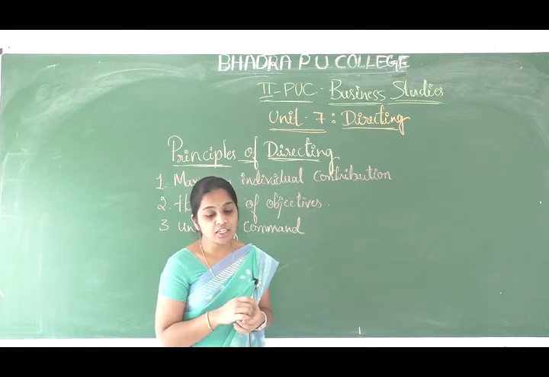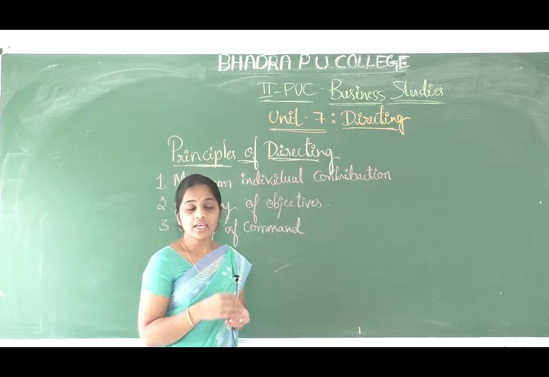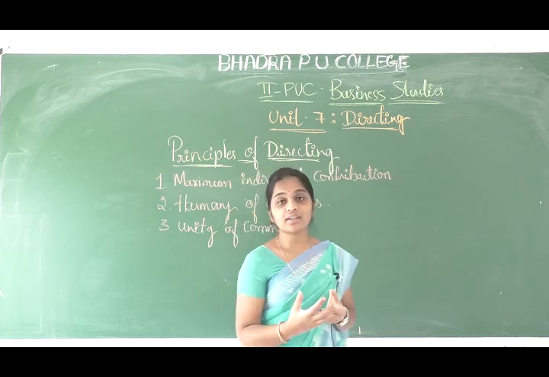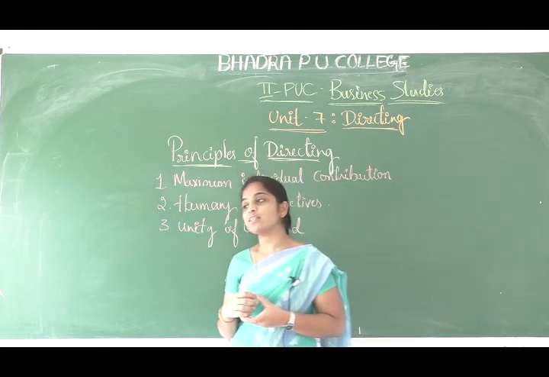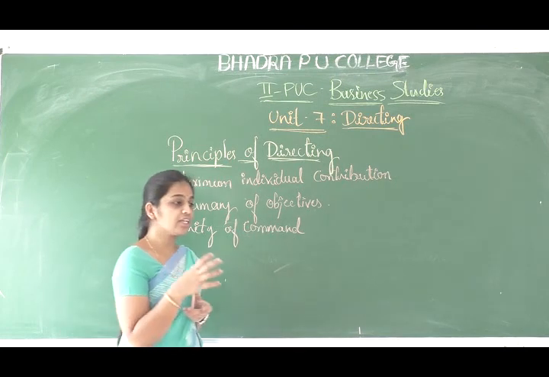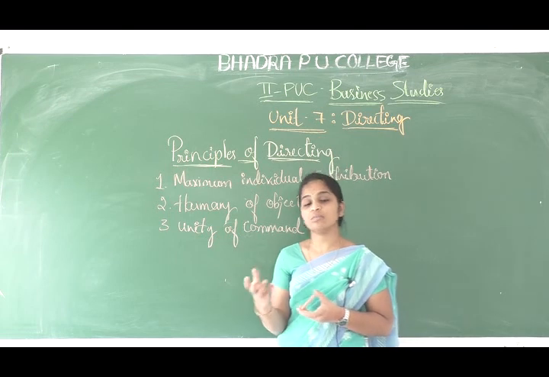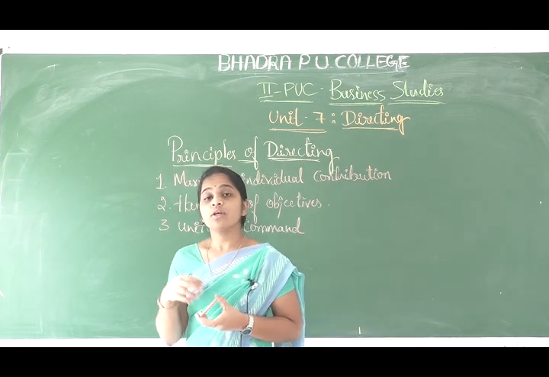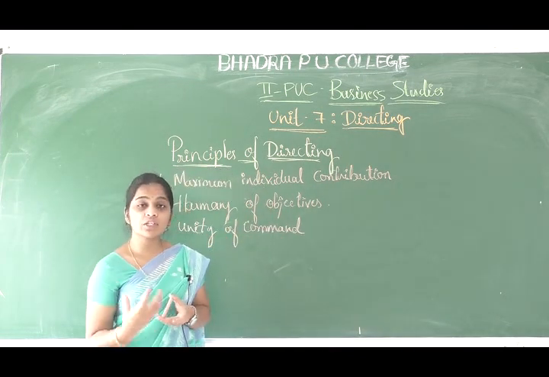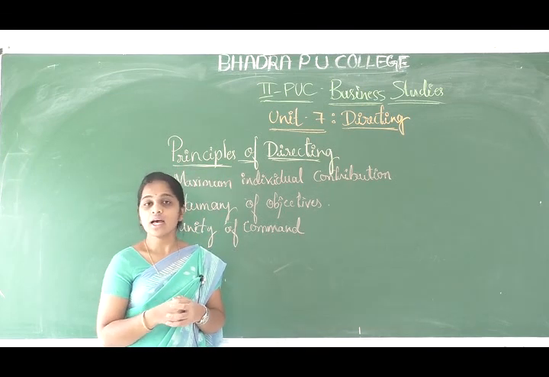If instructions are received from more than one, it will create confusion and conflict in the mind of the employee or the worker. If two or more bosses give instructions to the worker, the employee will get confused about the instructions or guidelines.